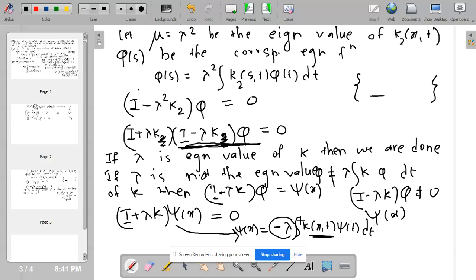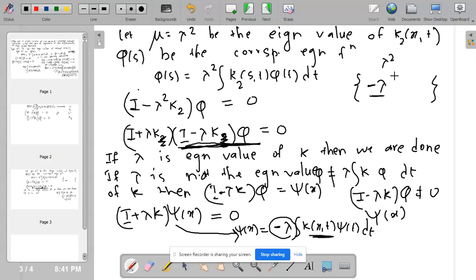Therefore minus lambda is the eigenvalue of k, and then also we are done, because the square of minus lambda is nothing but lambda square.